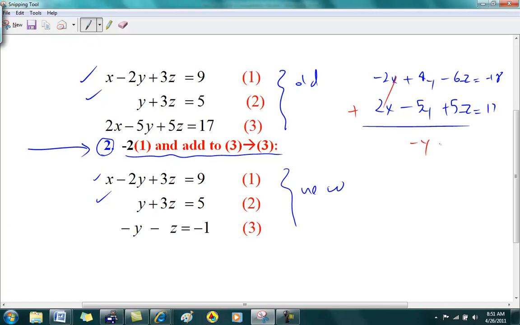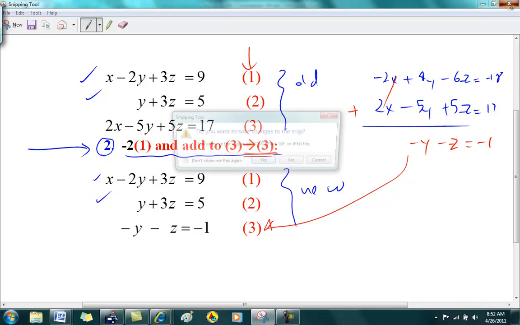This gives me minus y minus z equals -1, which is right there. This means that I'm taking the result and putting it in equation number 3. All right, so now I get a new system. And again, the equation numbers are the same, 1, 2, and 3. I'm not changing those numbers.